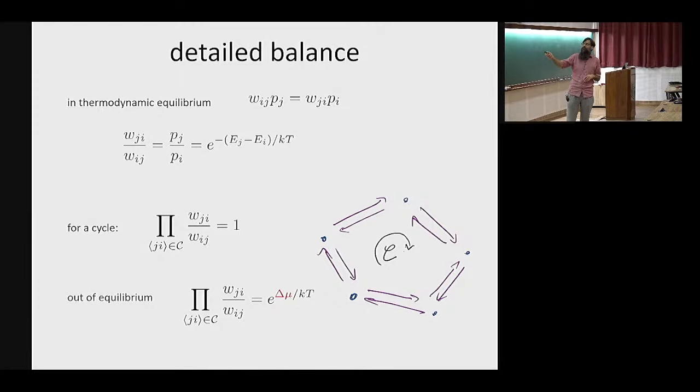Okay, and this is very important because it's a constraint on rates. So if you have one such network and you need to determine rates, you don't need to know all of them. Some of them you can get from this constraint because they are related to the reverse rate. And if you measure them all, then this might be something to check for consistency.